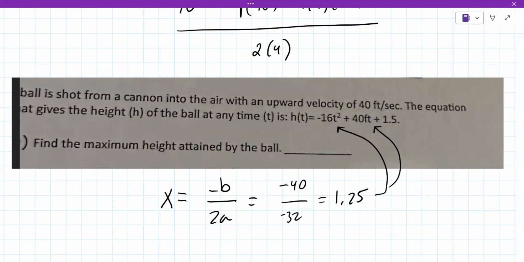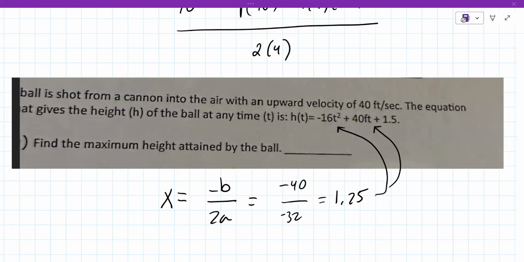Yep. 16 times 1.25 squared plus 40 plus 1.5. 66 and a half.